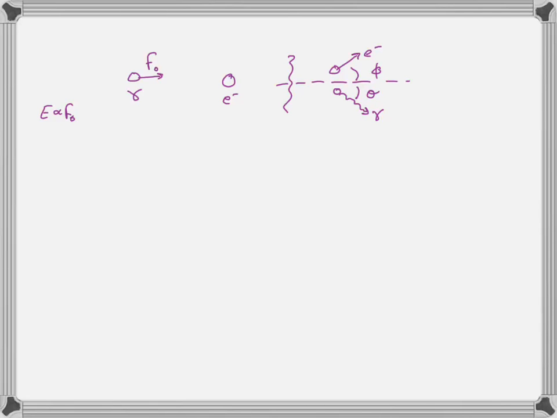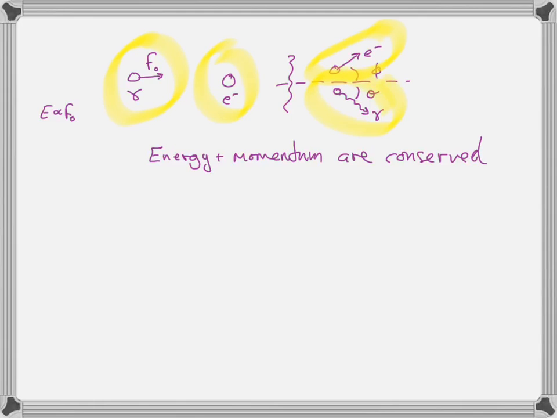So let's go ahead and do the dynamics of this collision, just like first year physics. We're going to conserve energy and momentum in order to see what we think should come out. Let's say we've got stationary electrons and light of a certain color, and we collide the light with the electrons, and then we measure the energy of the electrons that come out and the color and energy of the light that comes out.